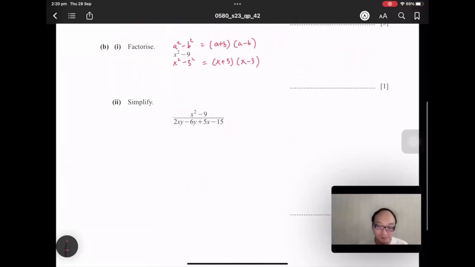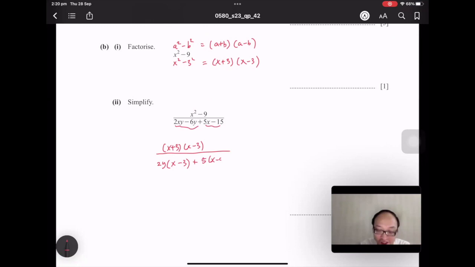For this one, we can factorize the numerator using the answer before, (x plus 3)(x minus 3), and then we factorize this to y(x minus 3) plus 5(x minus 3).